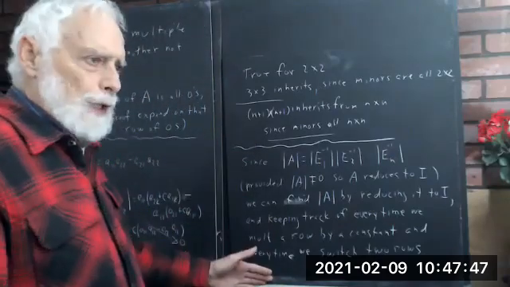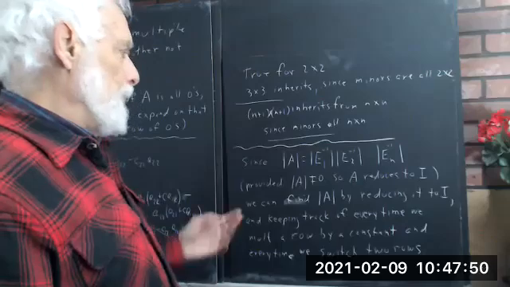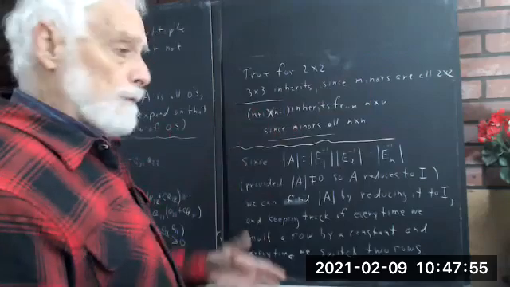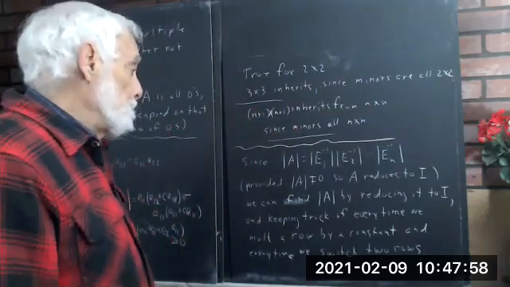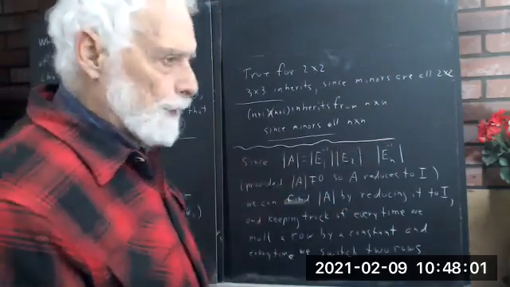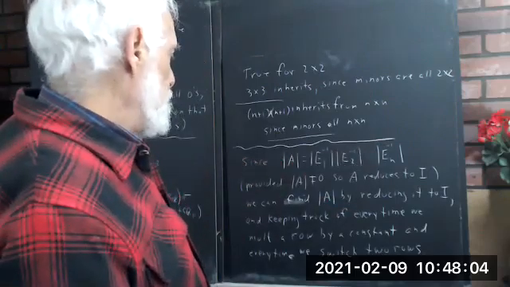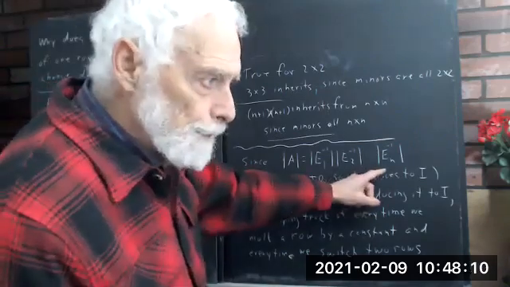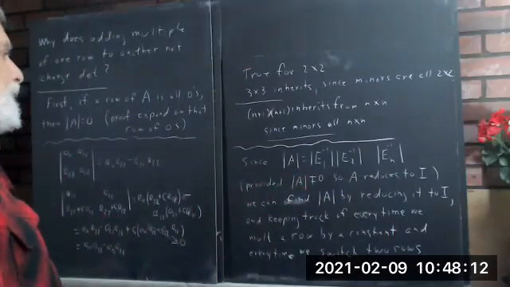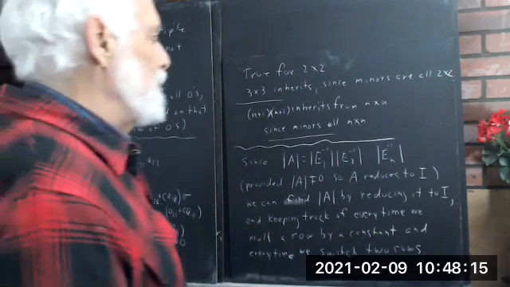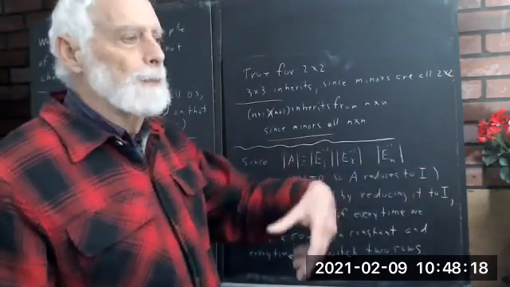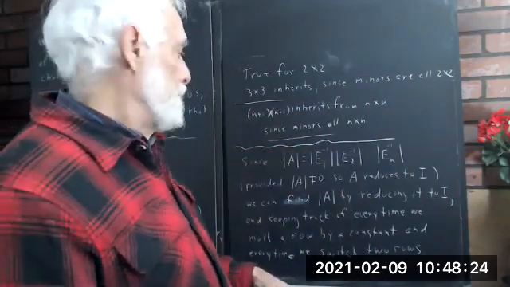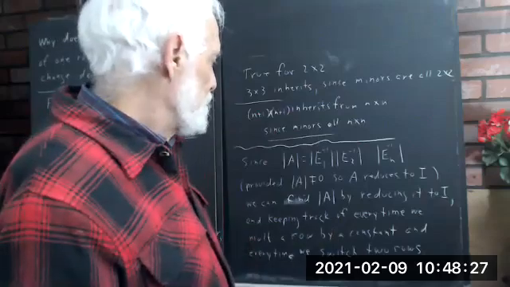Now, I could have proven this without using elementary matrices. And as a matter of fact, in proving the properties of elementary matrices, I just proved it directly for any matrix. But it's worth seeing it within the scheme of the elementary matrices. The other thing is, since I'm multiplying by inverses, if one of these matrices multiplies a matrix by constant C, its inverse multiplies the determinant by the reciprocal of C. So you've got to watch that.